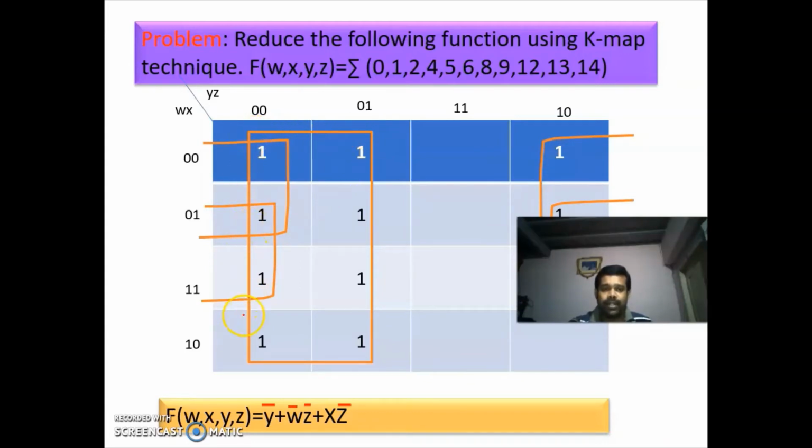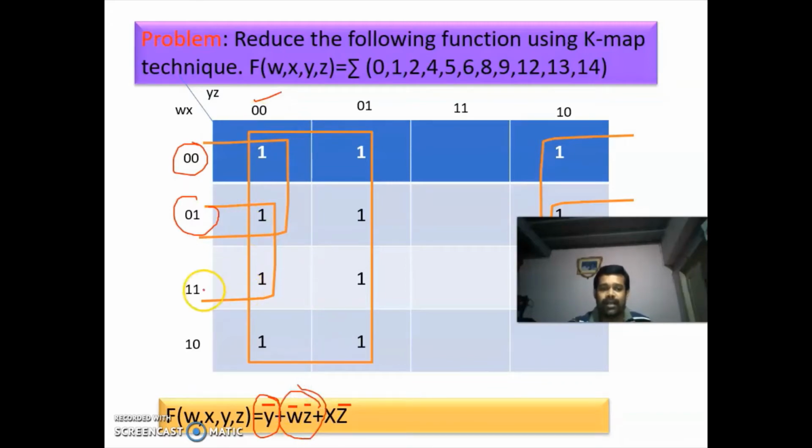For this grouping we have considered the 4 rows and 2 columns. In these 2 columns, the value of y is not changing. So here it is 0, so it is y bar. So for this group, we have considered these 2 rows. In these 2 rows, w bar is not changing. In these 2 columns, z bar is not changing. So w bar, z bar.